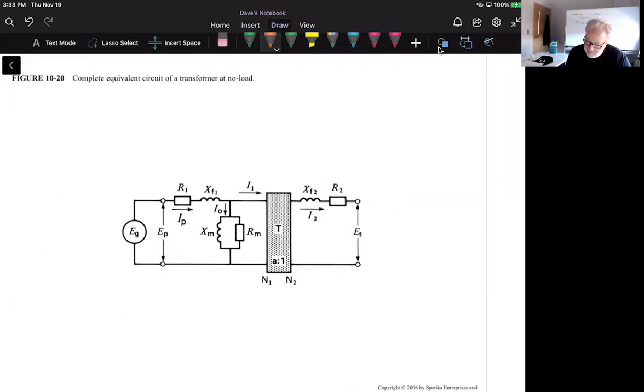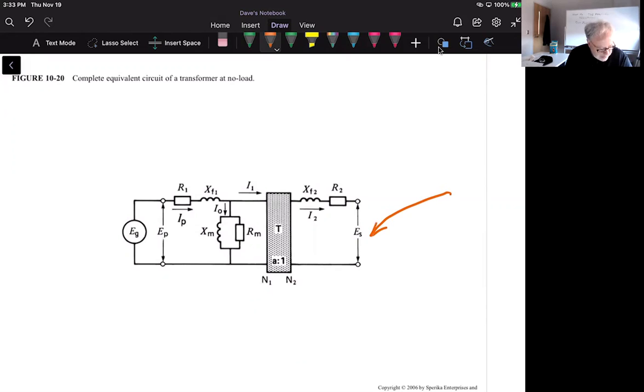And so here's the complete equivalent circuit of a transformer under no load. No load's connected to it out here. Then we're going to look at it at full load, and then we're going to come up with this really neat, simple model that summarizes all this stuff for us.